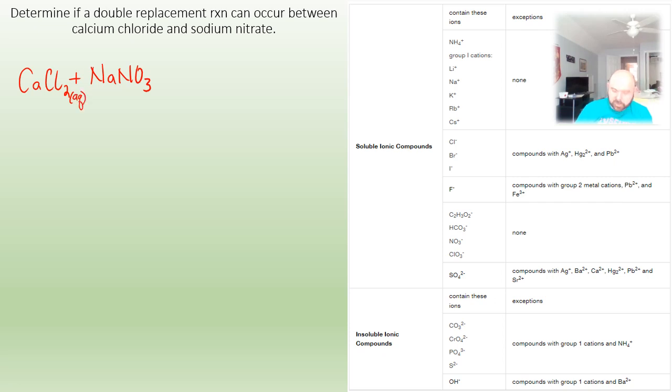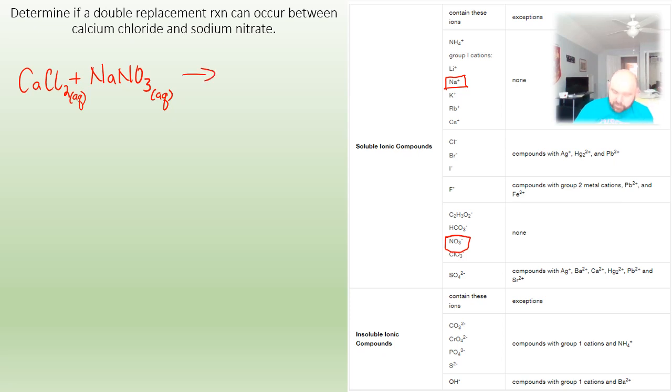So that would be an aqueous compound that we could dissolve in some water. Nitrate, all nitrates are soluble with no exception, as well as all sodium containing compounds being soluble with no exception. So sodium nitrate is certainly a soluble compound.